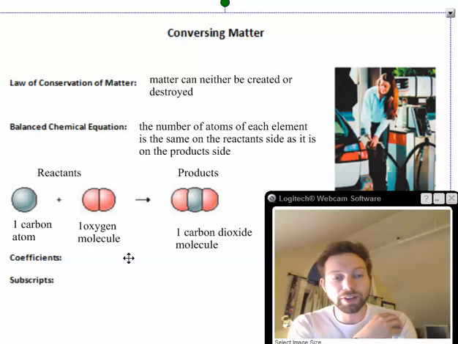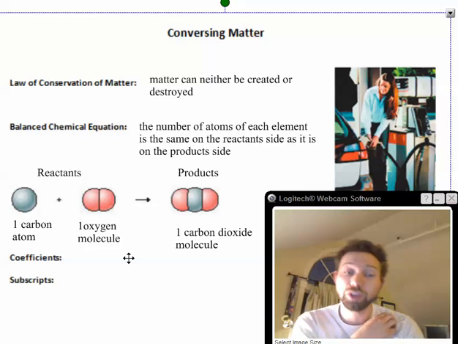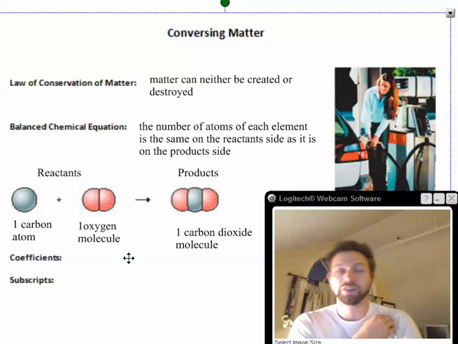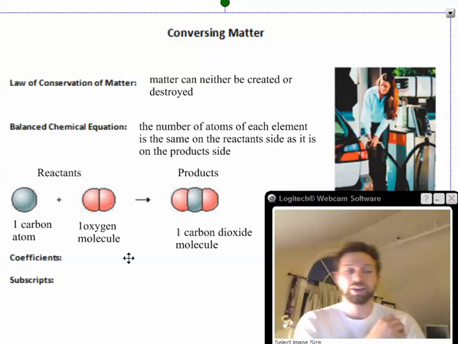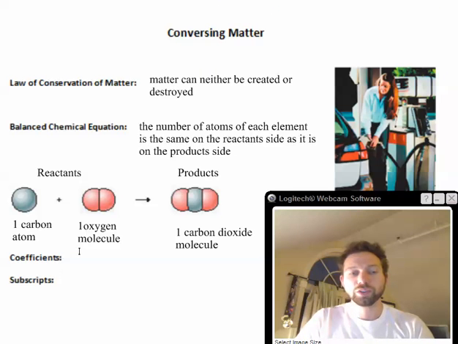We have one carbon atom on the reactant side, one atom on the product side. We have 2 atoms of oxygen on the reactant side and 2 atoms of oxygen on the product side. So that's huge.